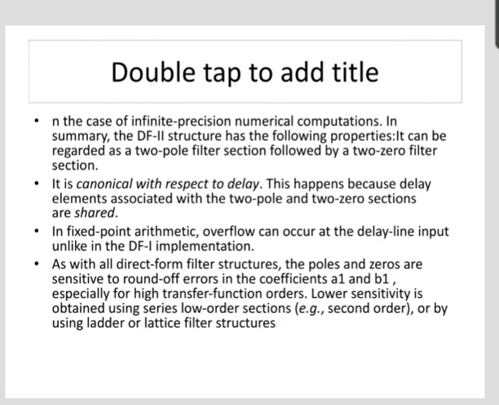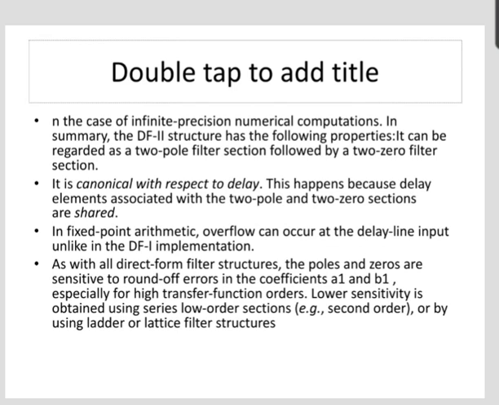In the case of infinite precision numerical computations, the DF2 structure has the following properties. It can be regarded as a two-pole filter section followed by a two-zero filter section. It is canonical with respect to delay. This happens because delay elements associated with the two-pole and two-zero sections are shared.